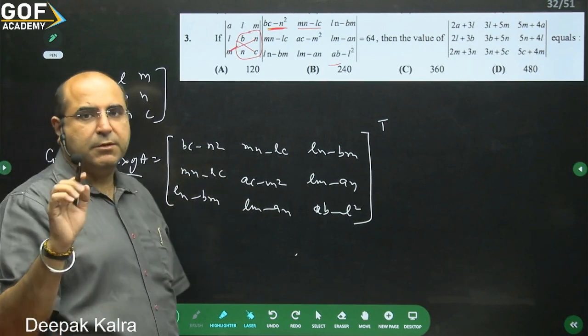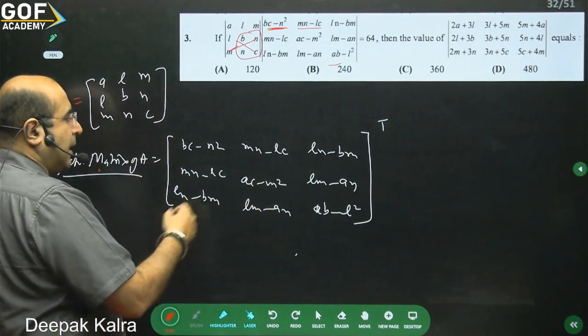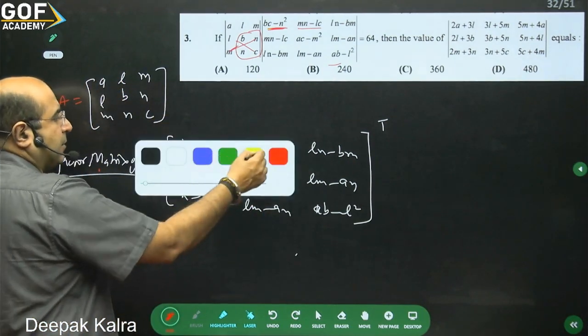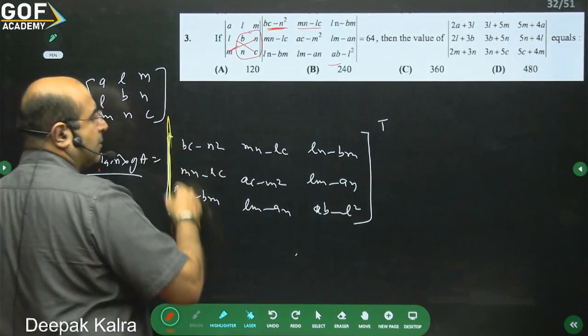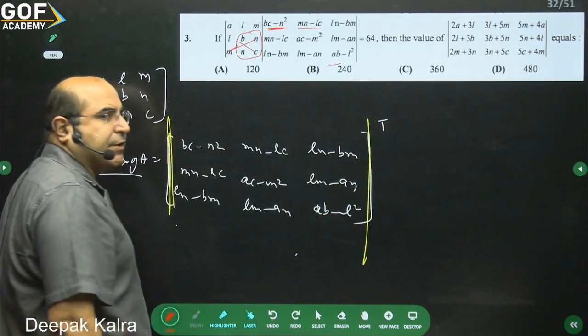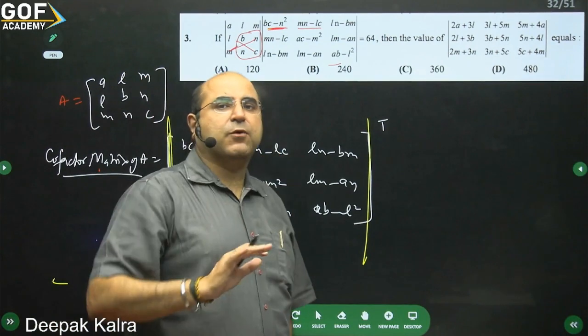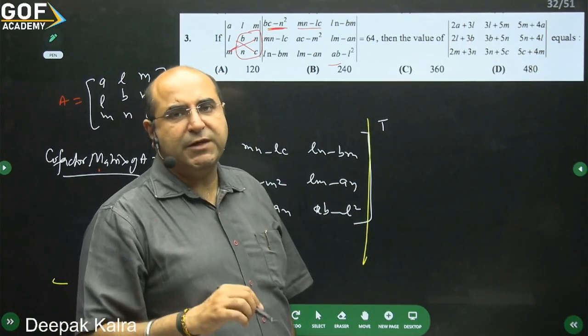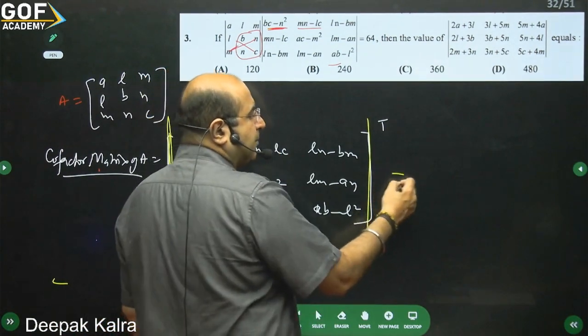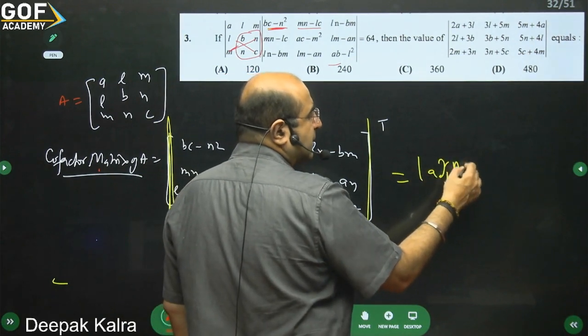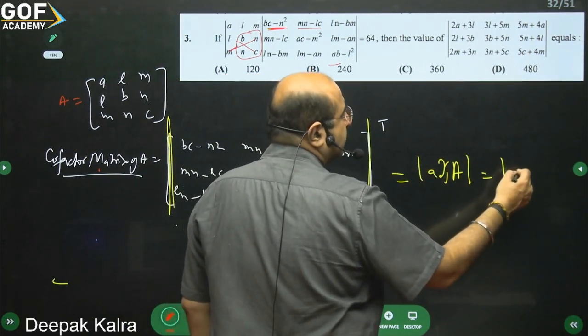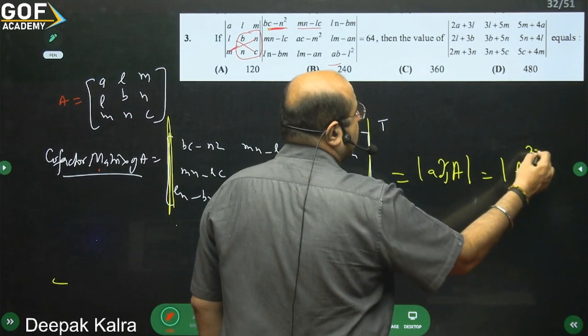So, this is a cofactor matrix, and cofactor matrix transpose is your adjoint. You know that? And when I talk about the determinant of it, please understand. So, determinant of transpose or determinant of cofactor matrix is nothing but determinant of adjoint. So, determinant of adjoint A is nothing but equals determinant A power n minus 1.